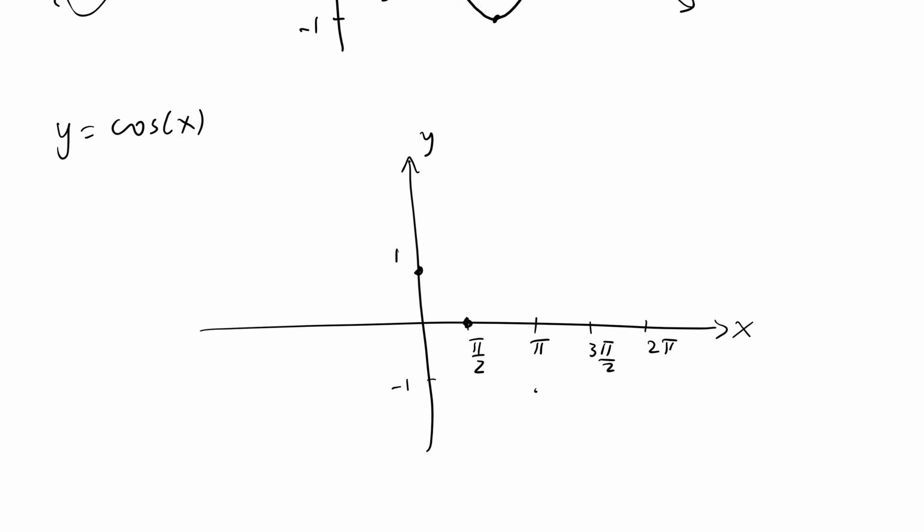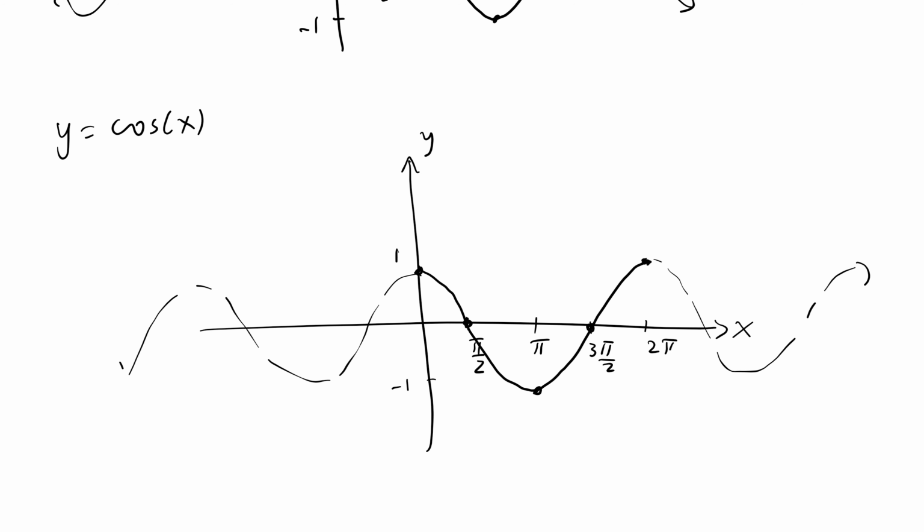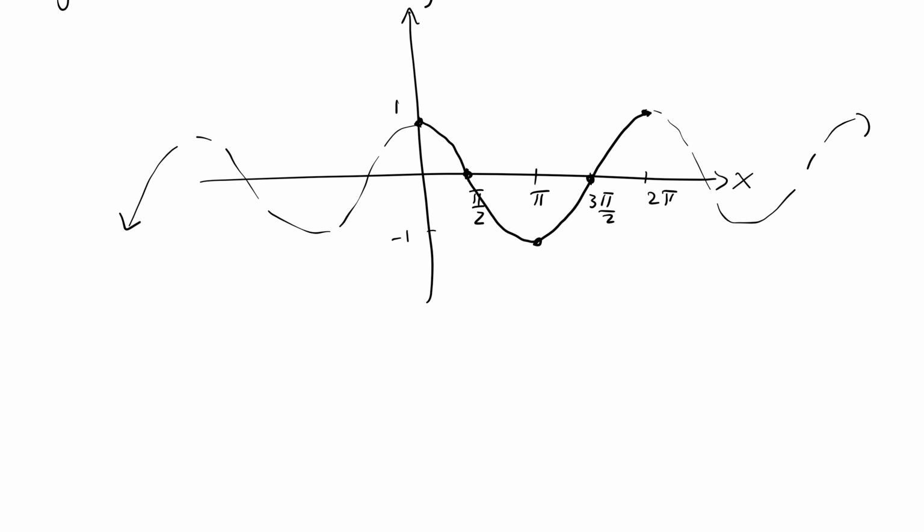It goes 0, negative 1, 0, and 1. That's the graph, and then it continues from there on, following the same pattern. Those are the graphs for the parent functions. You might need them at some point.